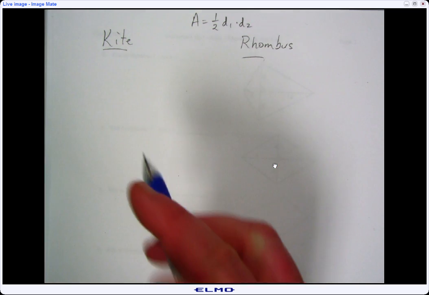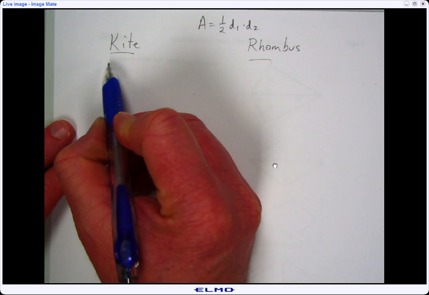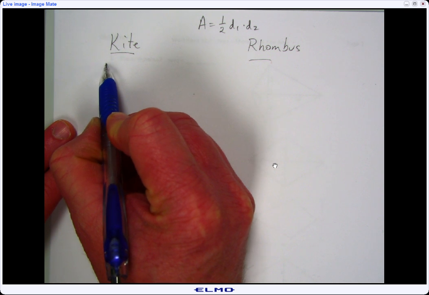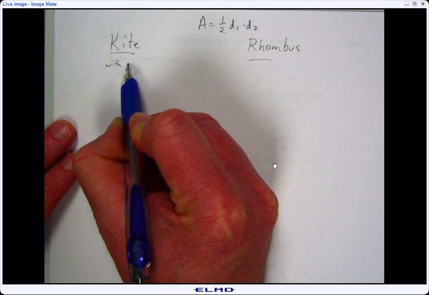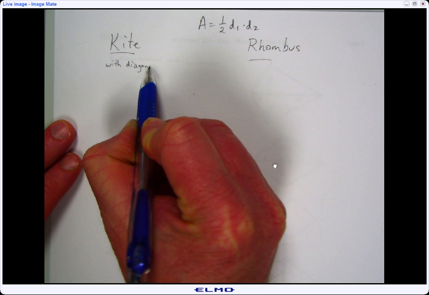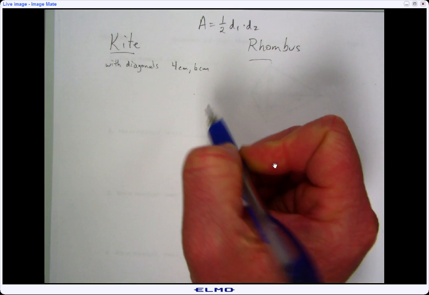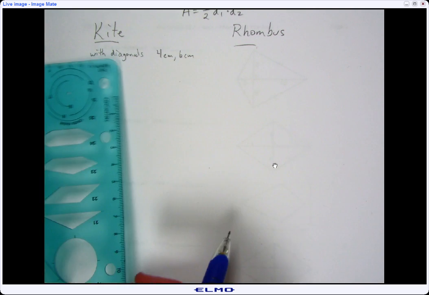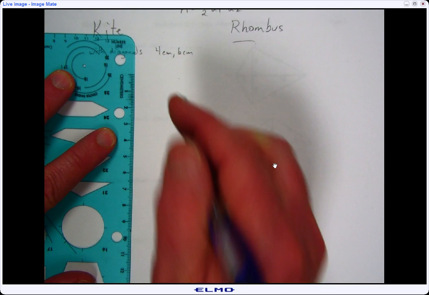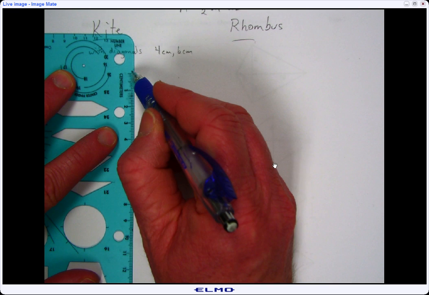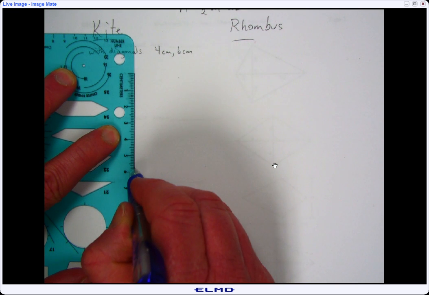So let's just say we were asked to make a kite with diagonals 4 centimeters and 6 centimeters. So you can do that. Go ahead and measure. I would do the long one at 6.